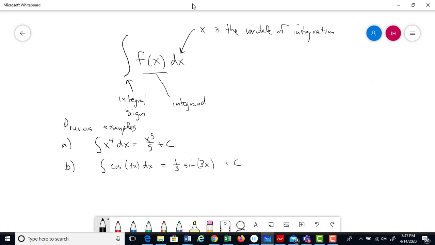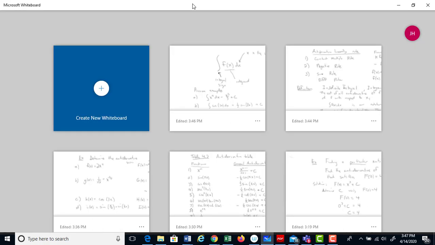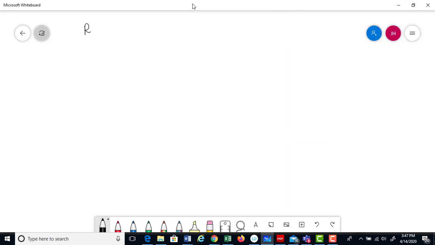Oh, and I can rewrite my rules too. So restating the rules, the constant multiple rule can be written like this.